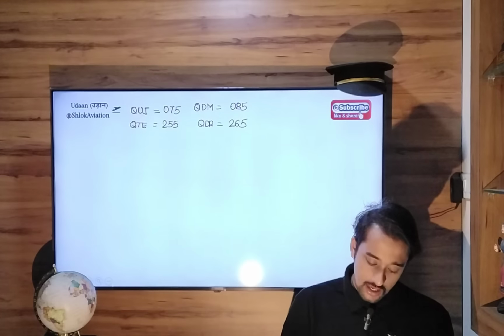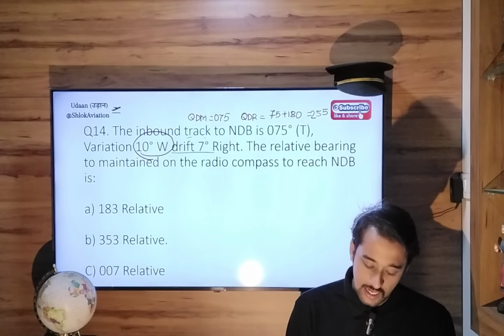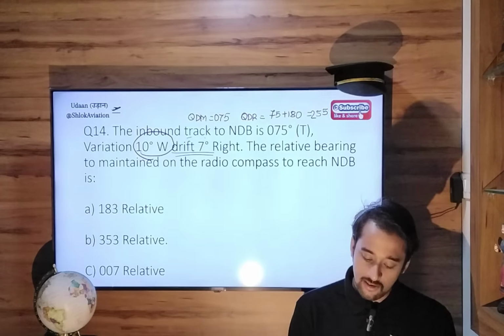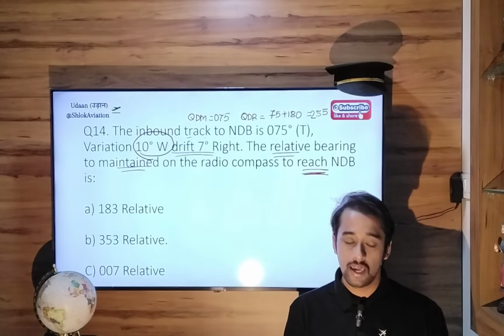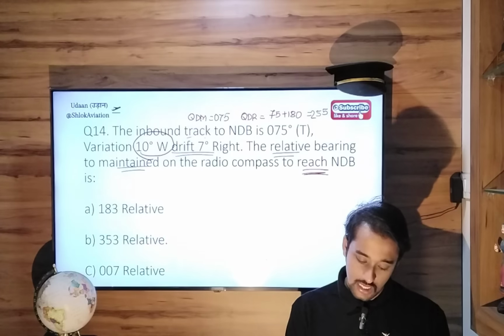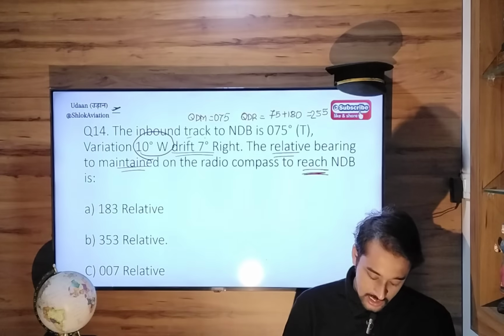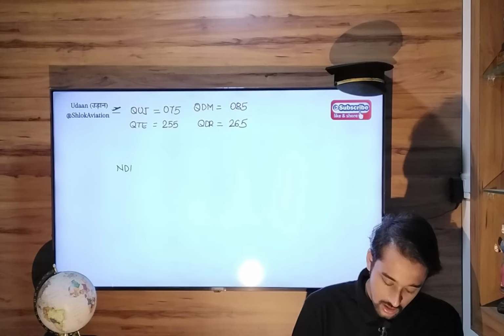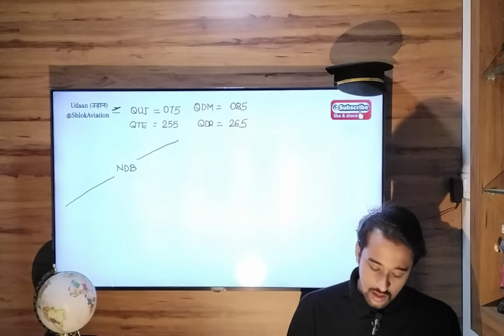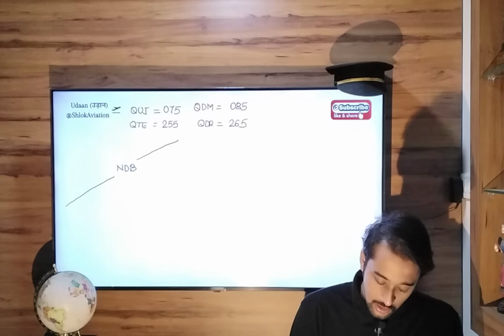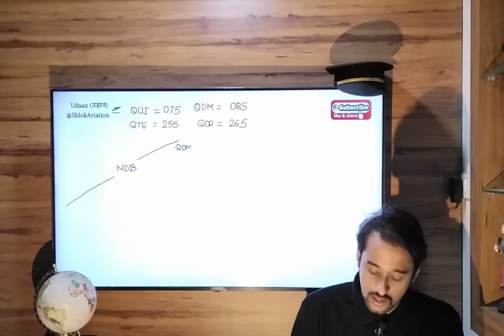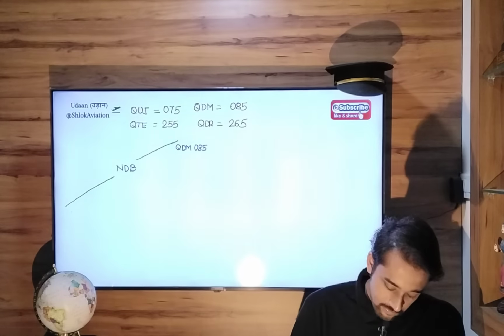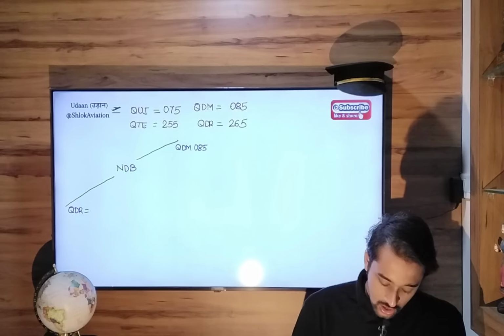Fine. Next. Drift is 7 degrees right. The relative bearing that you will have to maintain to reach NDB will be how much? So let's draw this NDB. QDM 085, QDR 265.